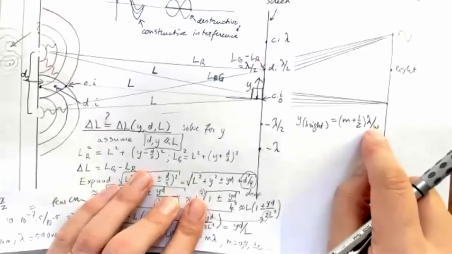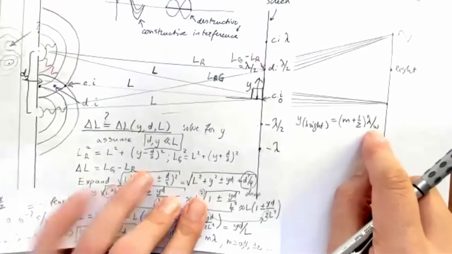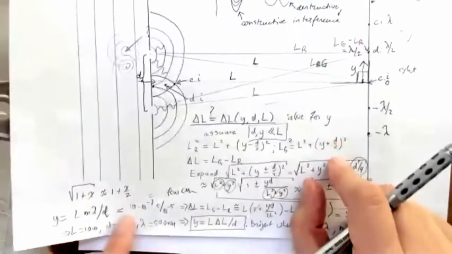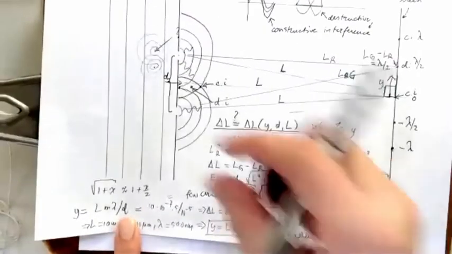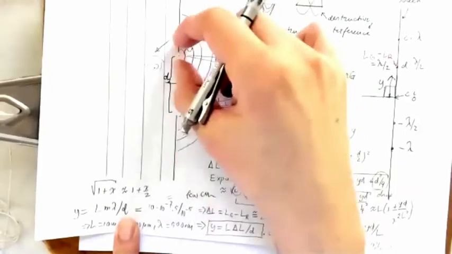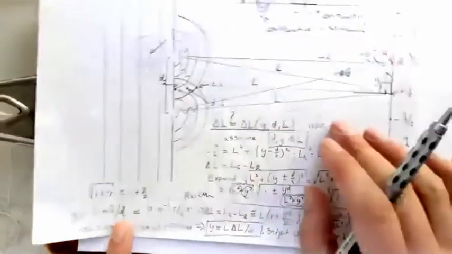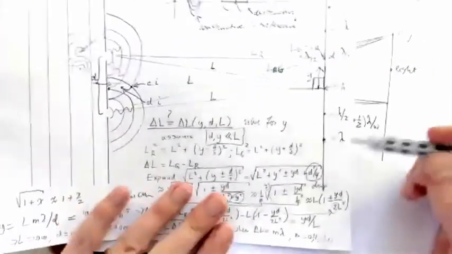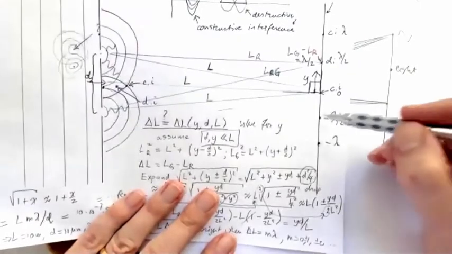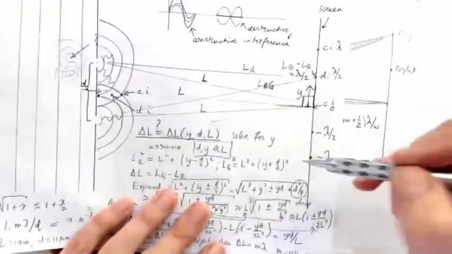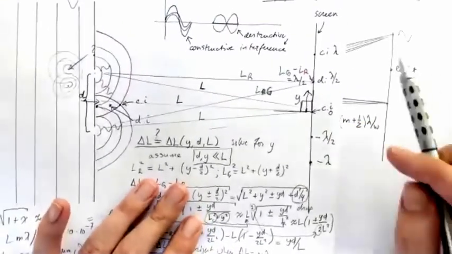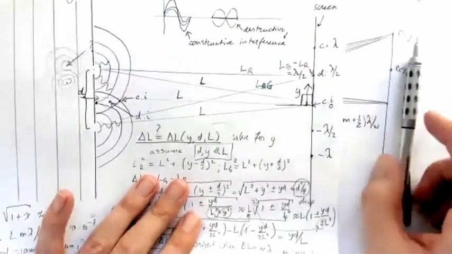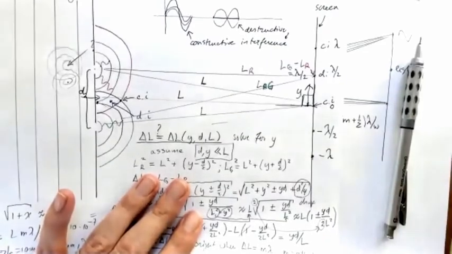Because the width is the thing that sets the scale. And here, the distance between the slits sets the scale, right? So usually the width is much smaller than the distance. So you'll get a rapid pattern for the double slit effect, and then you get a slow pattern for the other.